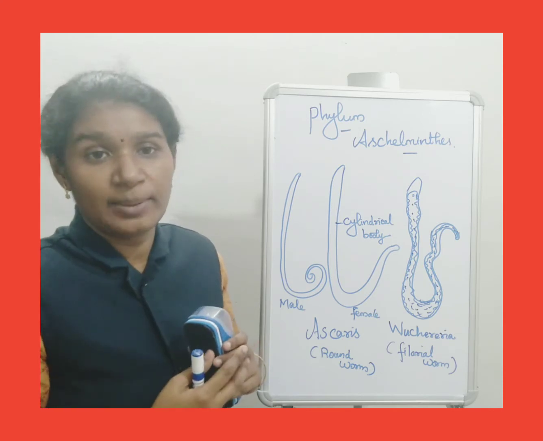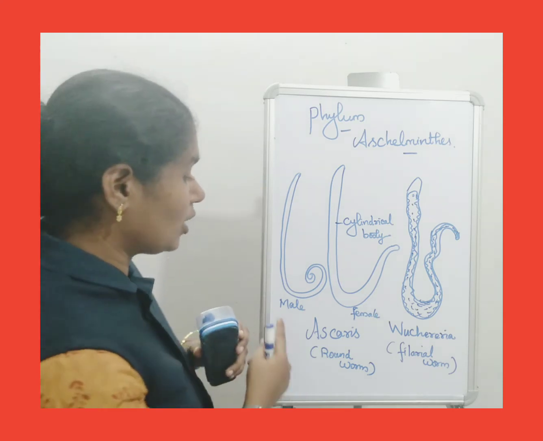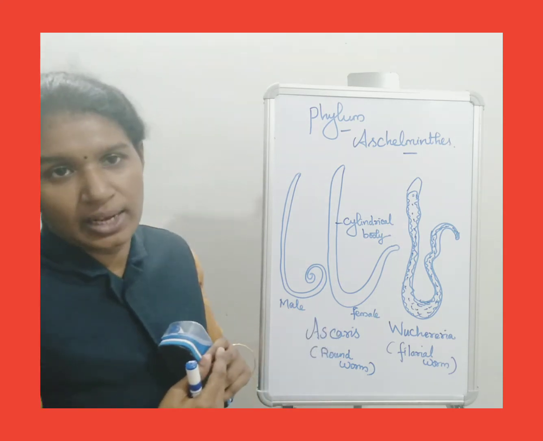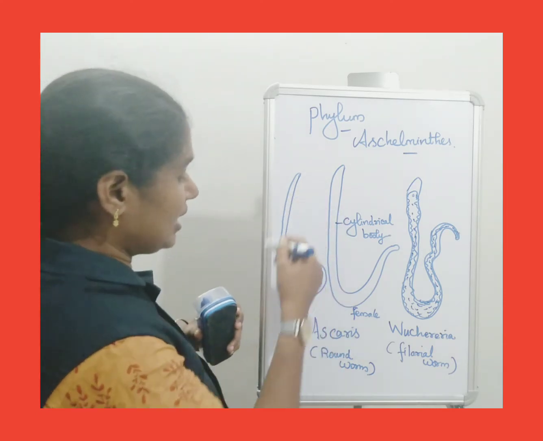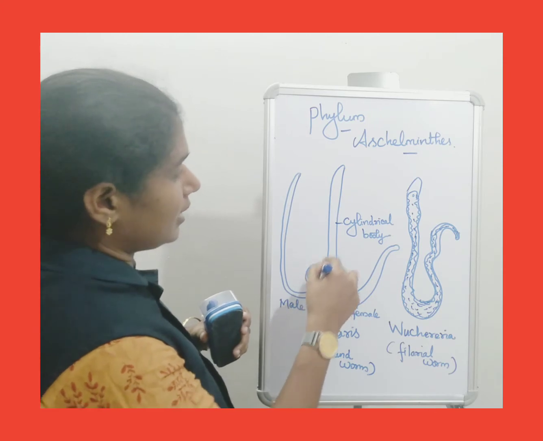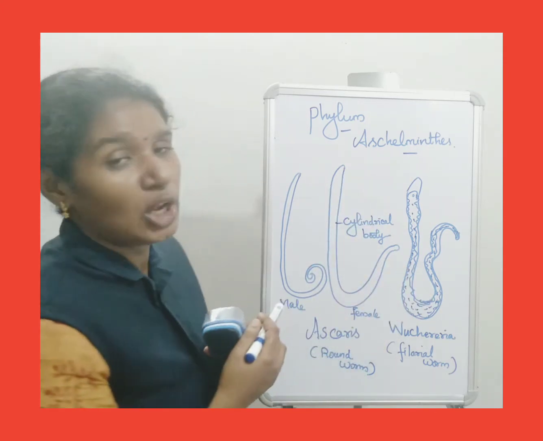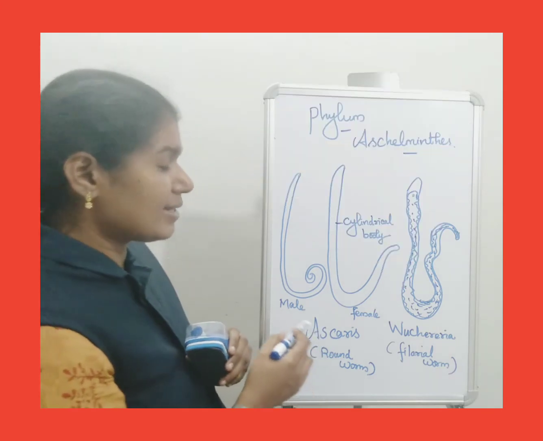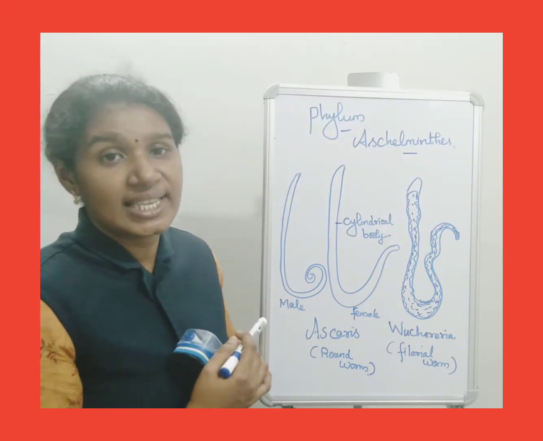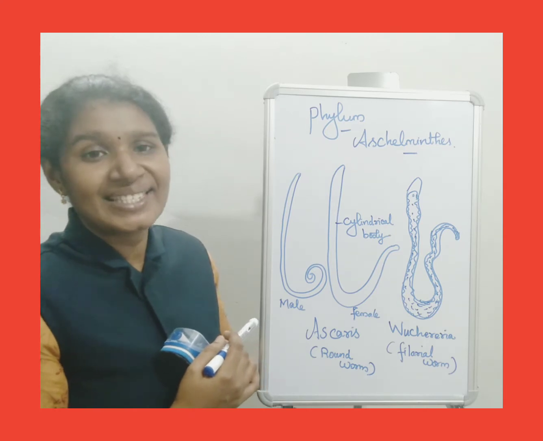So two different types of Ascaris are there, one called male, another female. How can we find out male and female? The male will be curved. At the same time, the female will have an elongated and cylindrical body. Ascaris normally causes a disease in man called ascariasis.